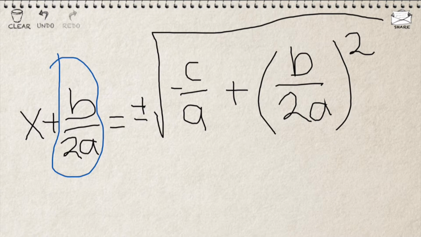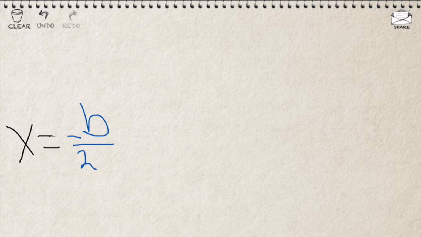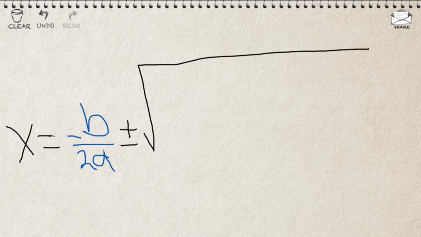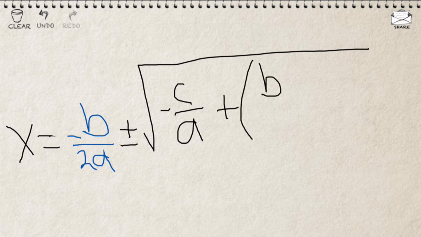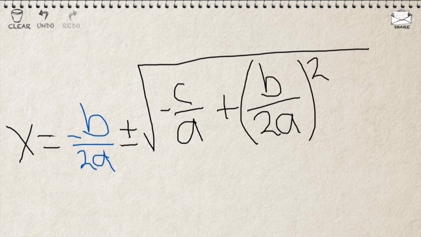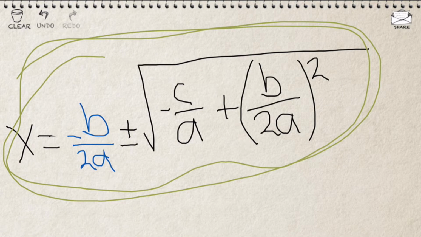We'll be taking this b over 2a and putting it on the other side as a negative. And this is actually solved already.